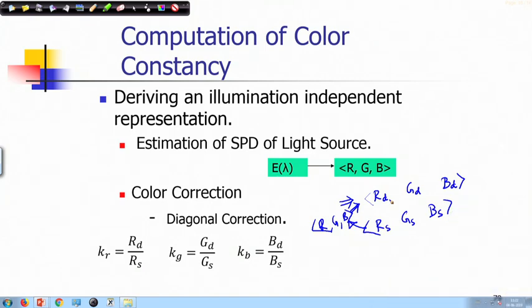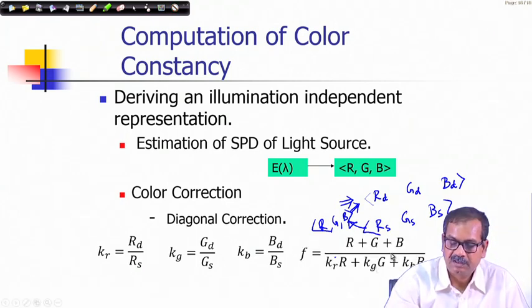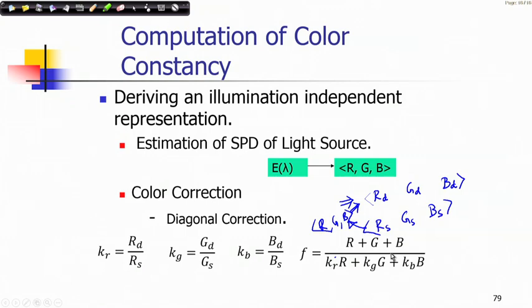So, first you find the proportional factor of the primary components of the color vectors of the target illuminator and source illuminator. Also you compute this factor f, which normalizes the intensity values, so that you can have the same intensity value even after modifying, and then your updated color value should be this.